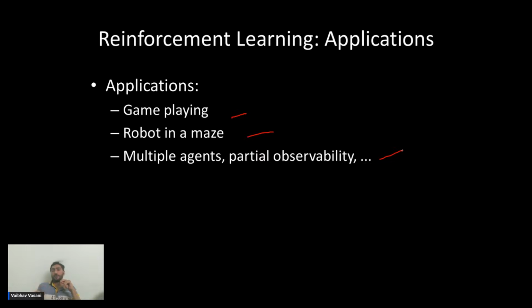And partially observable. Partially observable means you do not know the complete arena, you know only a certain part of the arena, and still you are able to perform because of the mathematics of reinforcement learning. There are different policy algorithms used for partial observability.